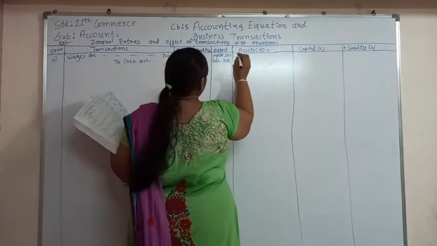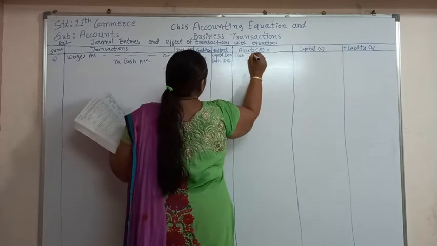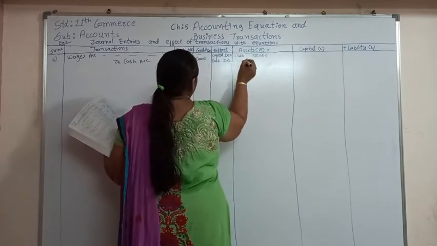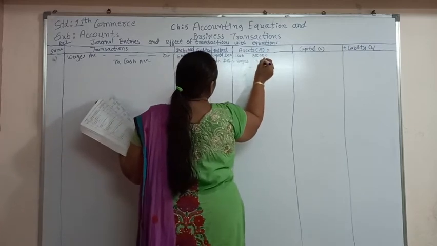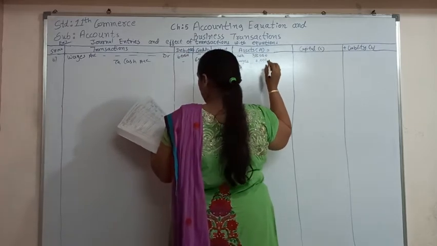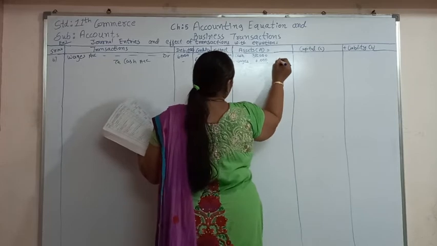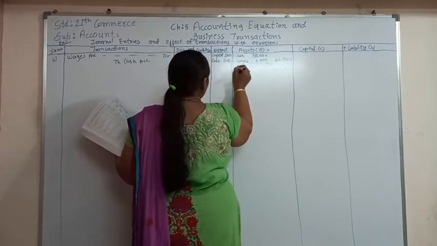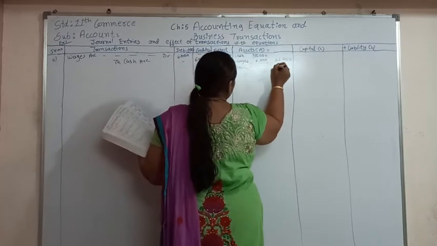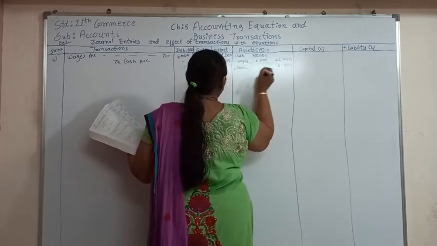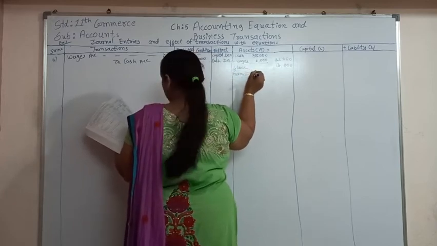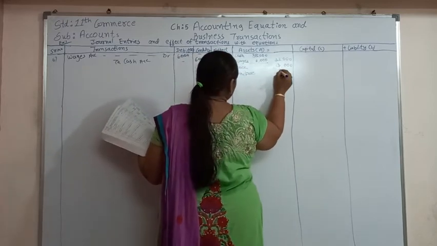Here cash account is 38,000 minus wages of rupees 6,000. So here cash account is of rupees 32,000. Then there was a stock of rupees 13,000. Then there was a furniture that is of rupees 10,000.